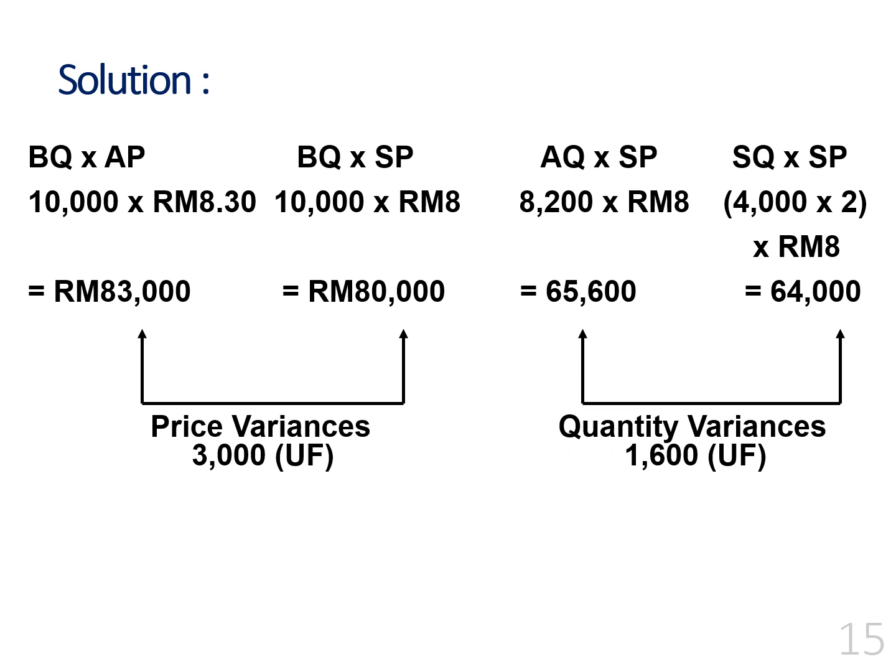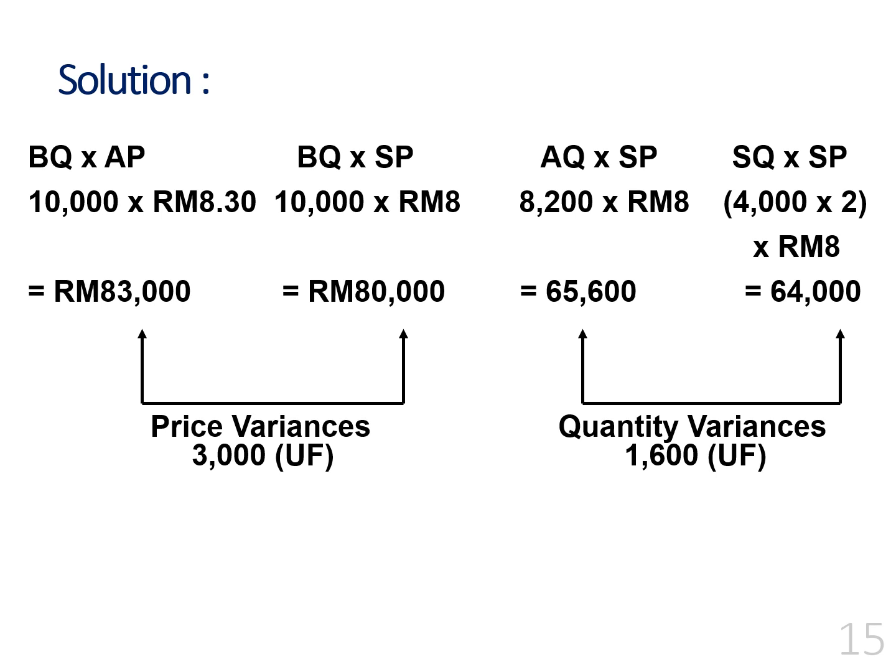So, to get the price variance, 83,000 minus 80,000 equals 3,000. But because BQ times SP is smaller than BQ times AP, you get unfavorable.